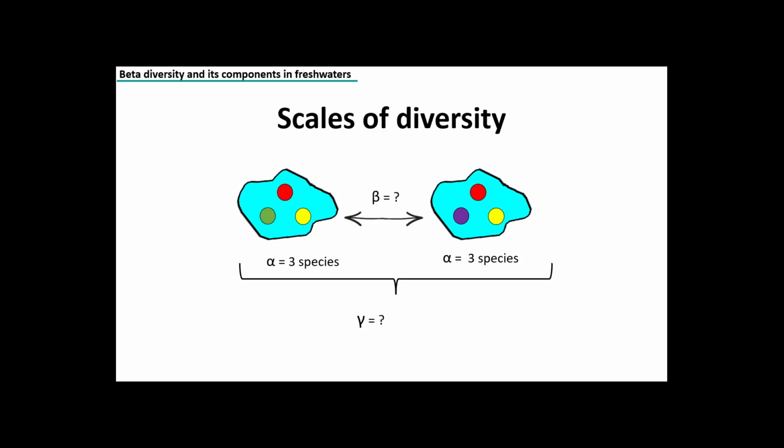And about the gamma diversity, we have the species red, yellow, green, and purple. So the gamma diversity, considering these two lakes, is 4 species.